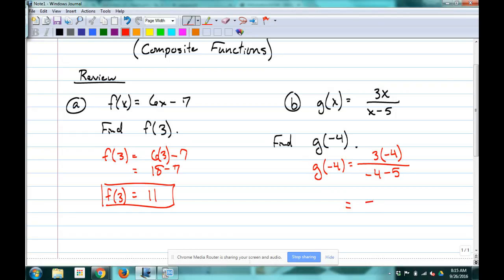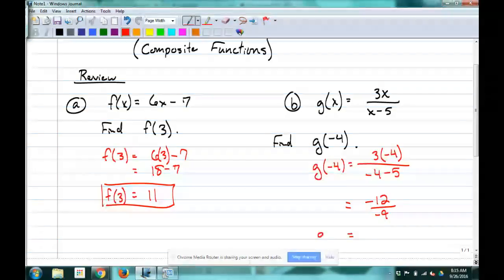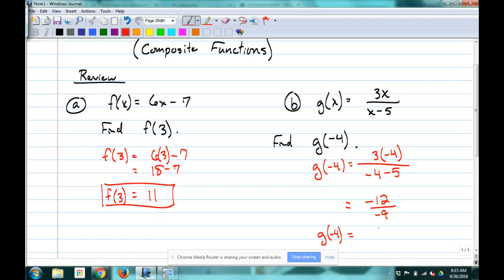Excuse me, that'd be negative 12 over negative 9. And then reduce that, positive or negative? Positive 4/3. And again, that creates this ordered pair, negative 4 and then 4 over 3. Okay, so function value, a little bit of review there, because we're going to use that some as we talk about function composition.